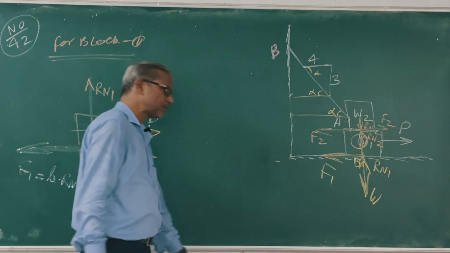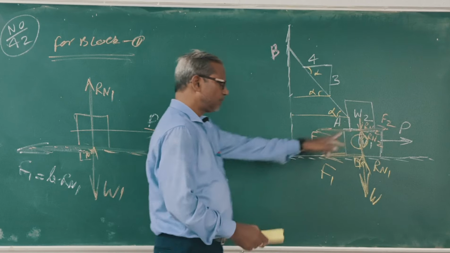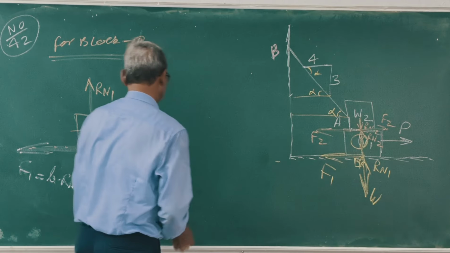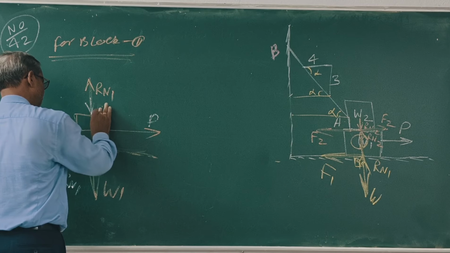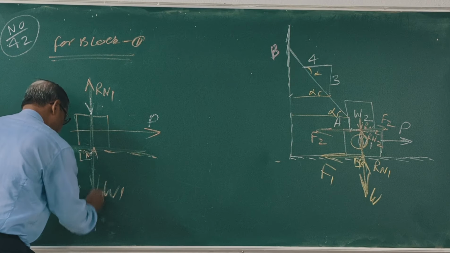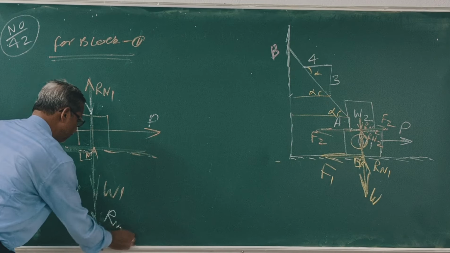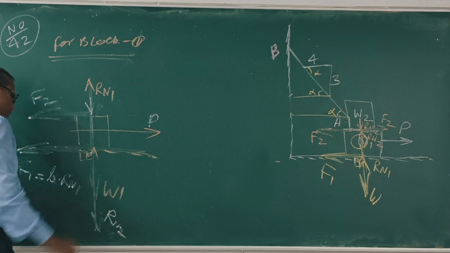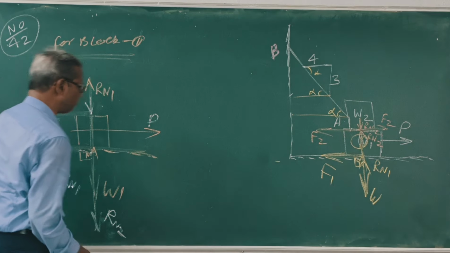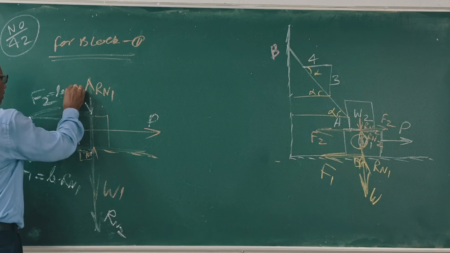Similarly, this is force Rn2, and this is F2. What is F2? F2 is equal to mu into Rn2. Clear?